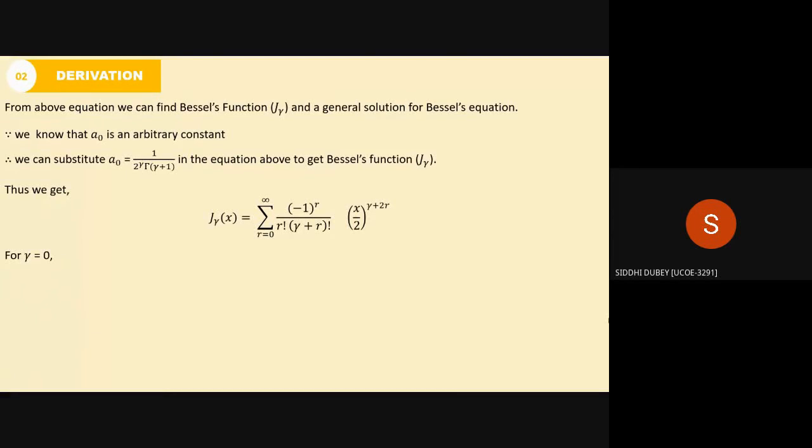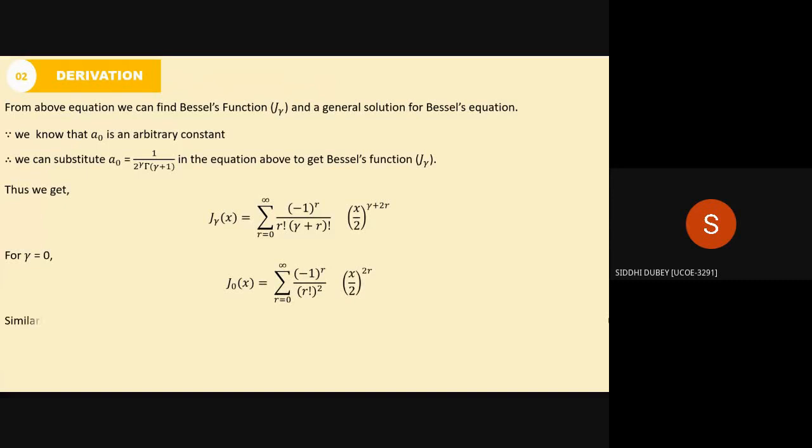From the above equation, we can find the basis function, that we can also call the j lambda, and the general solution for Bessel's equation is j lambda of x equal to summation of r equal to 0 till infinite, minus 1 raised to r upon r factorial into (lambda plus r) factorial into (x by 2) raised to lambda plus 2r, since a naught is an arbitrary constant.